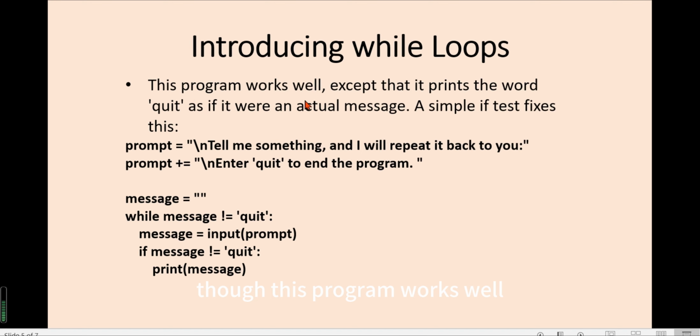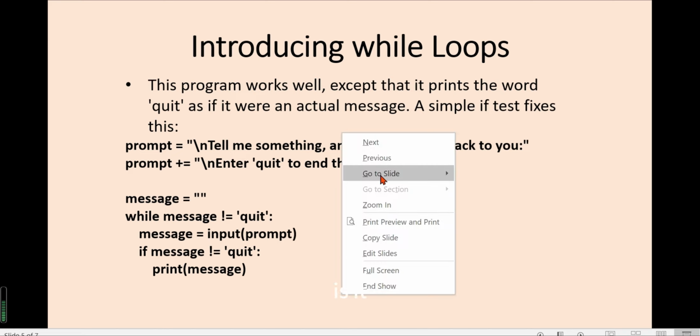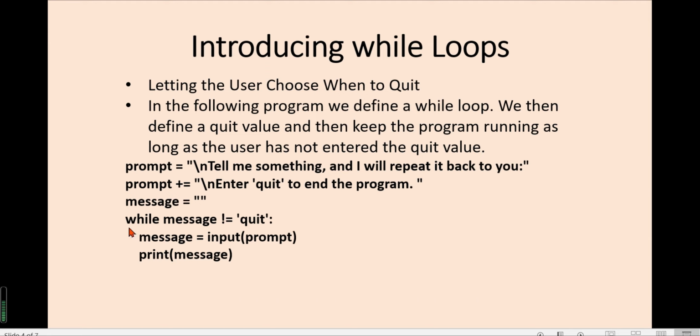So this program works well, except that it prints the word quit as if it were an actual message. So a simple test fixes this. Because in the last program, if the user does not put quit, then this statement is true.